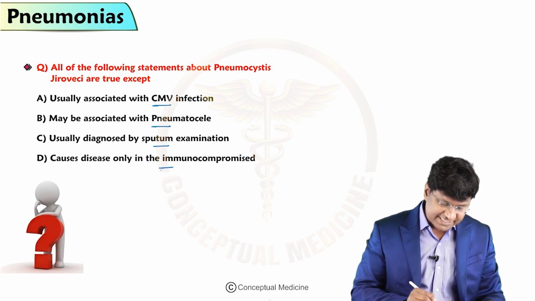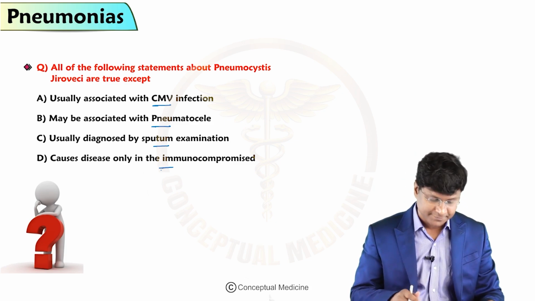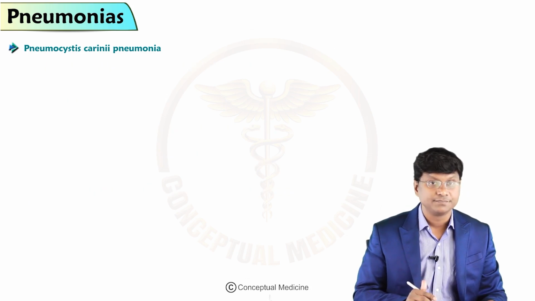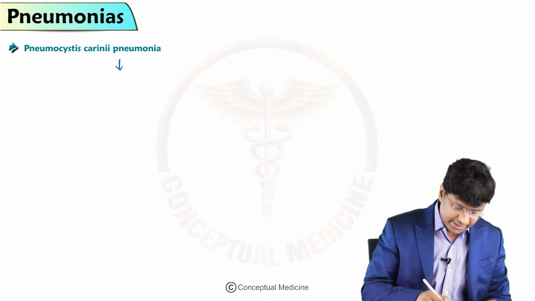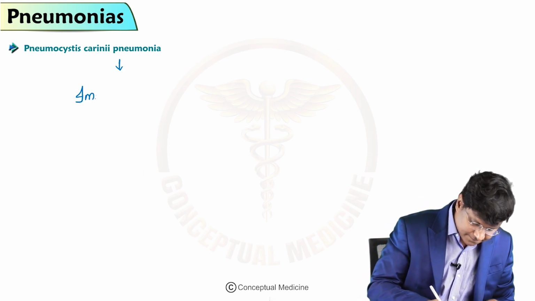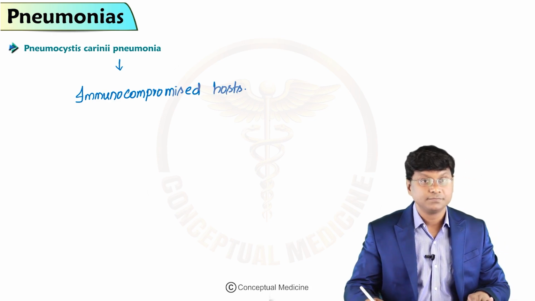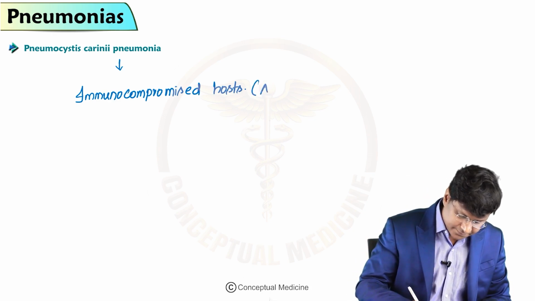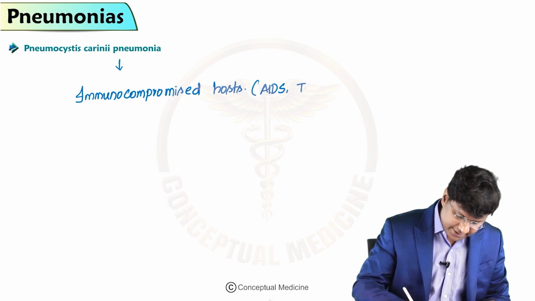So, if you take this PCP, which is also called Pneumocystis jirovecii pneumonia, let me discuss it and then come back to the question. See, PCP occurs in immunocompromised hosts, like patients with AIDS and transplant recipients.